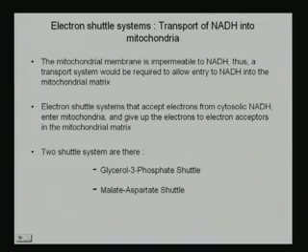So, whatever NADH or FADH2 is produced in the cytosol of the cell is being transported inside the mitochondria, and for this particular activity, two shuttle systems exist. One is the glycerol 3-phosphate shuttle, another is the malate aspartate shuttle.